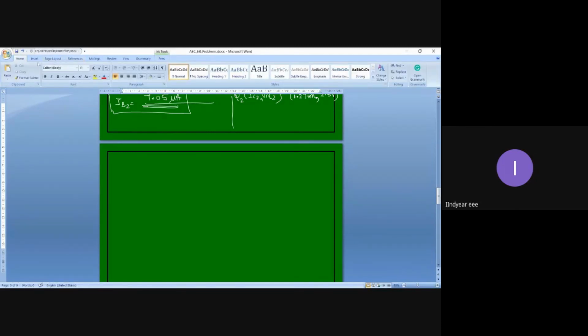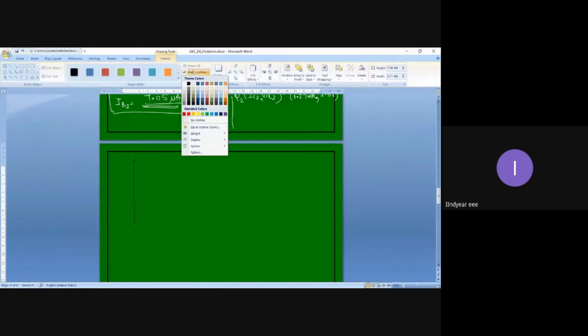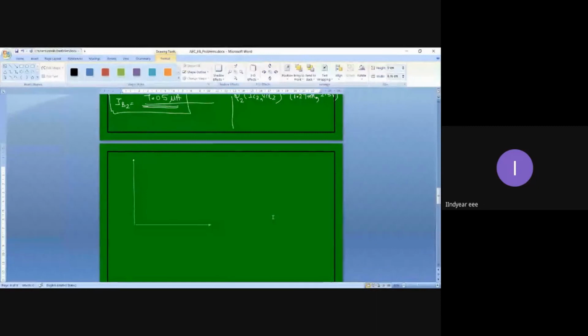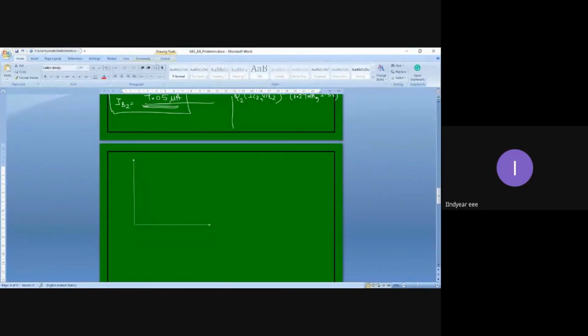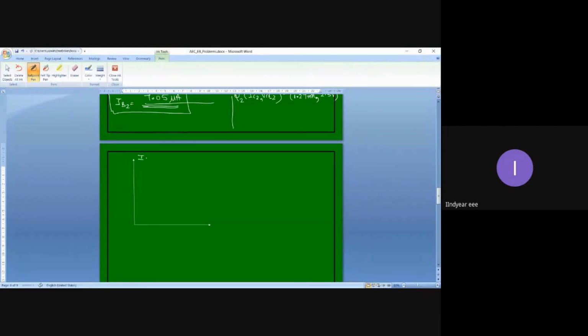Nevertheless, let's draw the load line first. This is your IC and that's your VCE. This is your IC saturation and this is your VCE saturation.